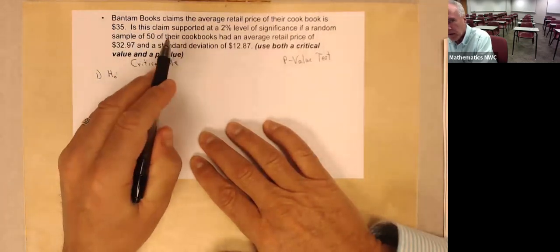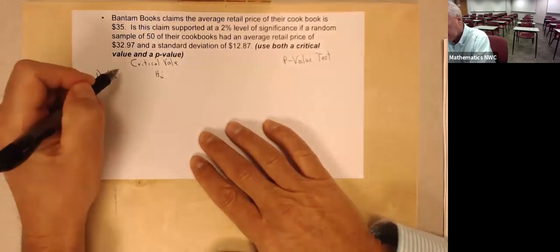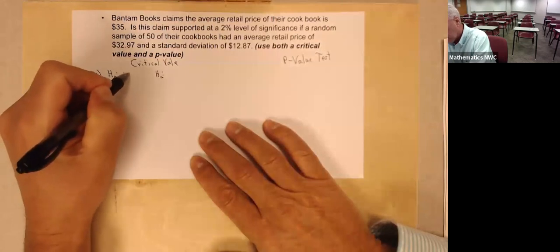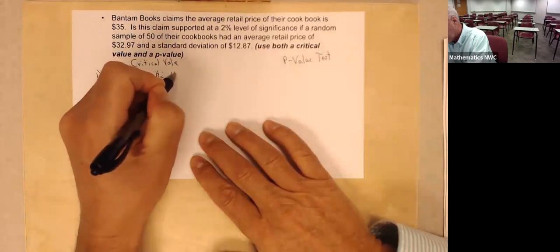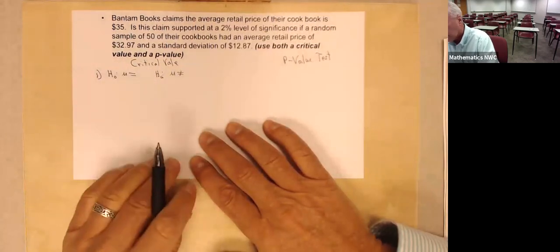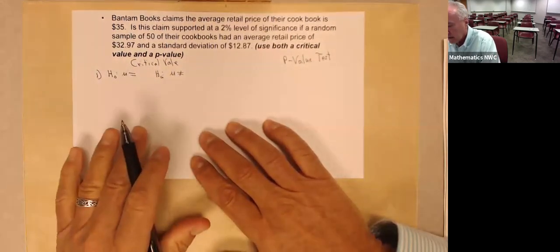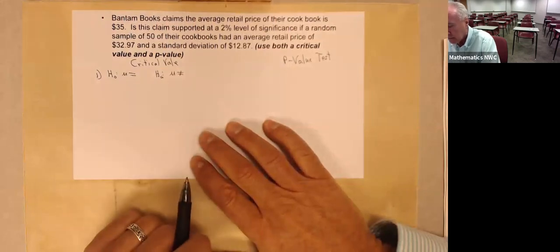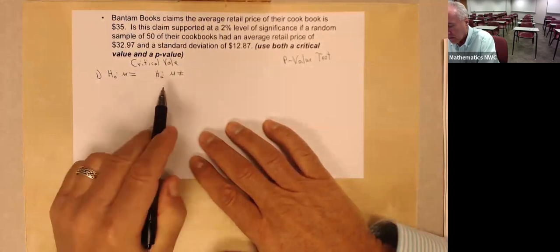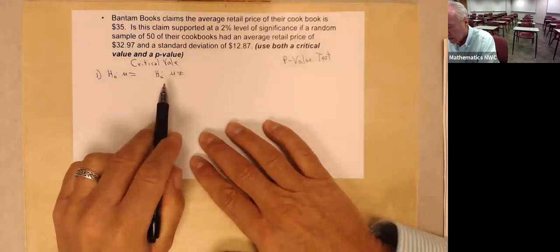Two-tailed tests, we recall, are very easy because the null is always the mean equals, and the alternative is always the mean does not equal. Single-tailed tests, which we're going to look at a lot here today after this example, are a little more difficult to determine which one is which.